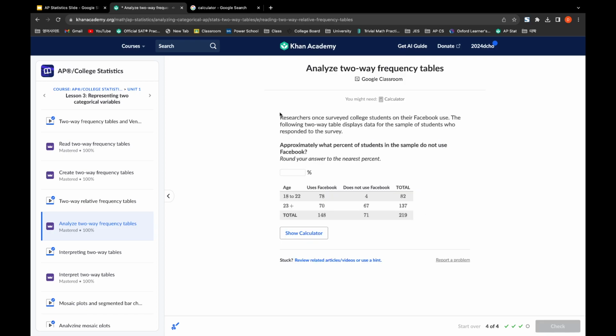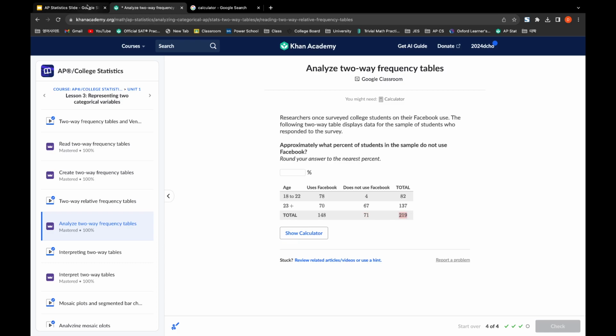Next one, researchers once... Oh, okay, this is the same data table. And approximately what percent of students in the sample do not use Facebook? Let's do a quick review here. So we're trying to get the proportion of students in the sample who do not use Facebook. So it's this one divided by the entire sum.